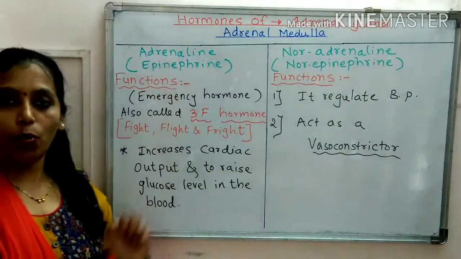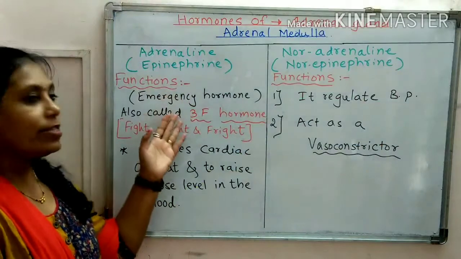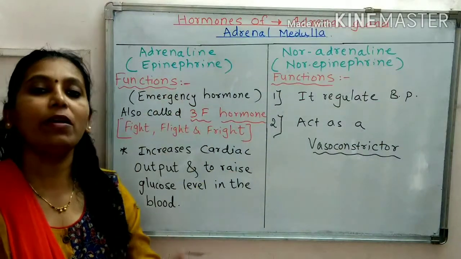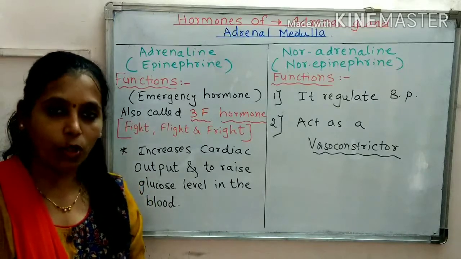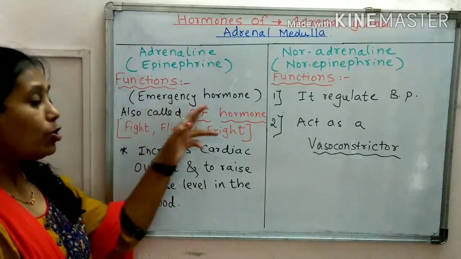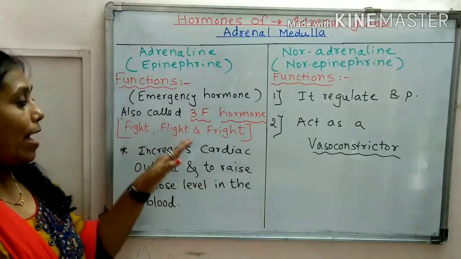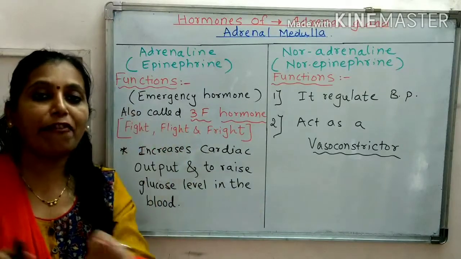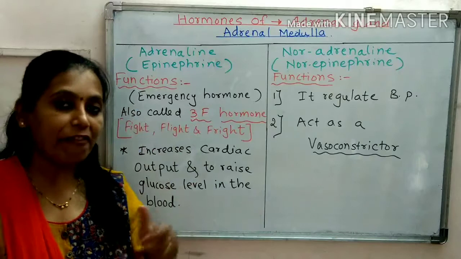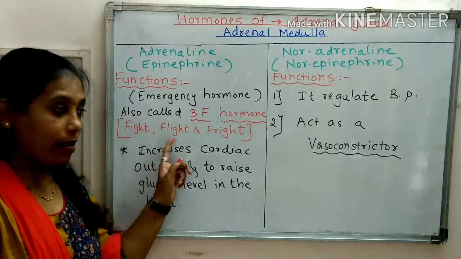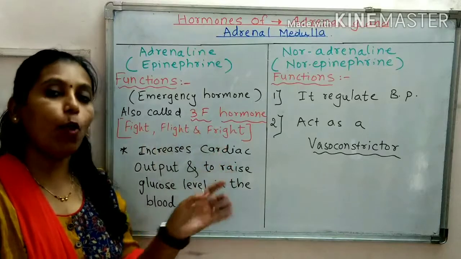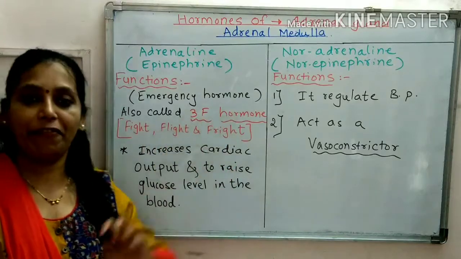Now this hormone is particularly called the emergency hormone. Why is it called the emergency hormone? Let us see. This hormone is also called the 3F hormone. These Fs stand for fight, flight and fright. What do we mean by this 3F?